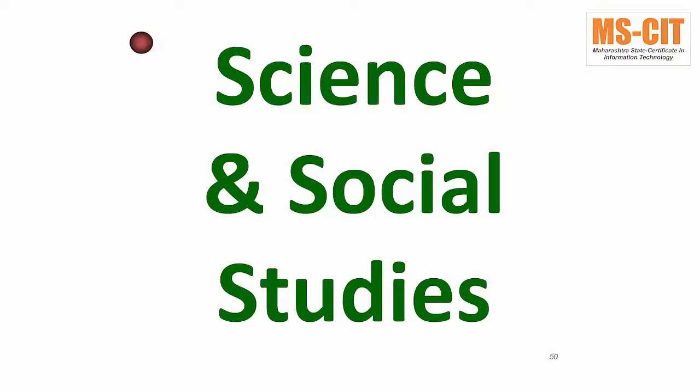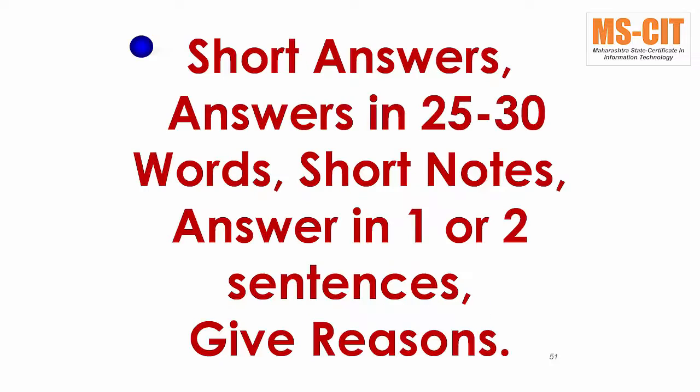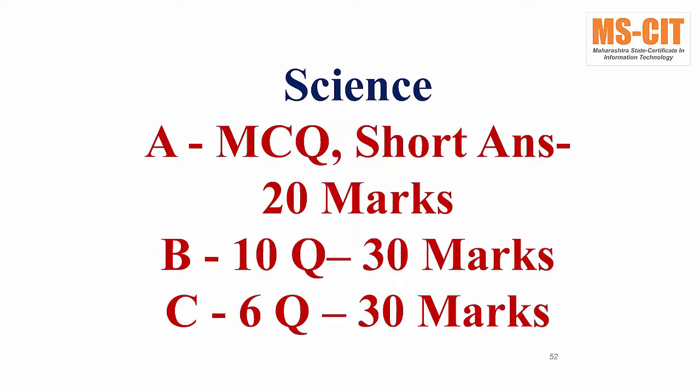Now science and social studies, those two subjects I am covering simultaneously. In those two subjects, science and SST, these are the types of questions which can be asked. This is the science paper pattern.